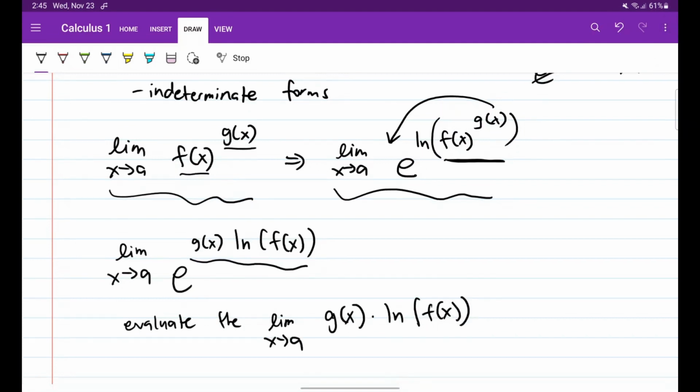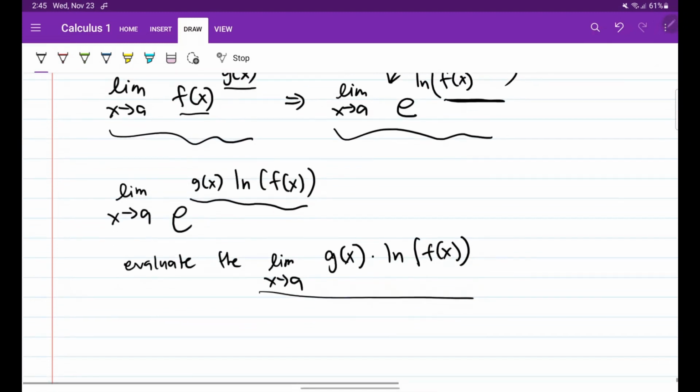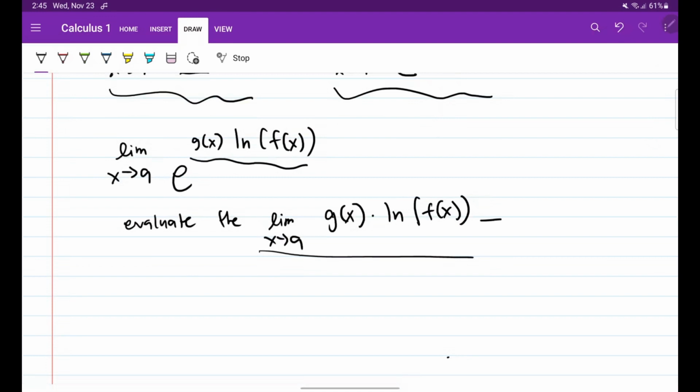Okay? So, ngayon, since we have limit ng x approaches a ng g of x times ln of f of x, this will be in the form of 0 times infinity or infinity times 0. Okay? And, natutunan na natin kung paano i-solve yung mga ganitong forms. Tama?